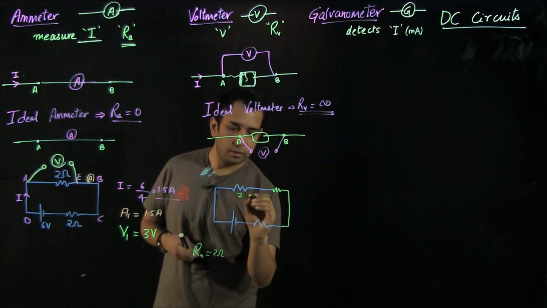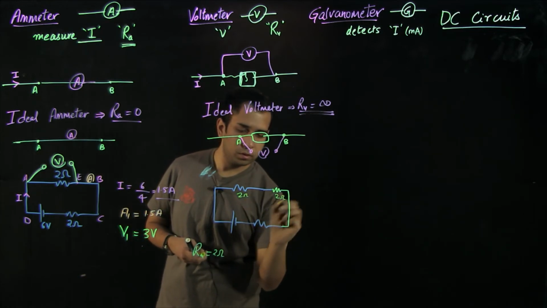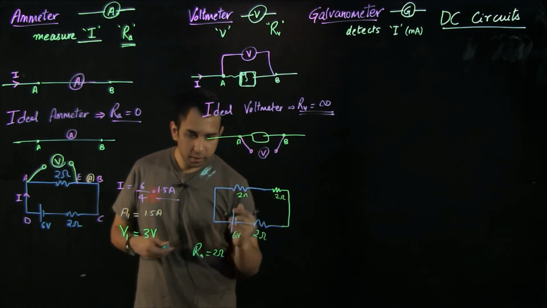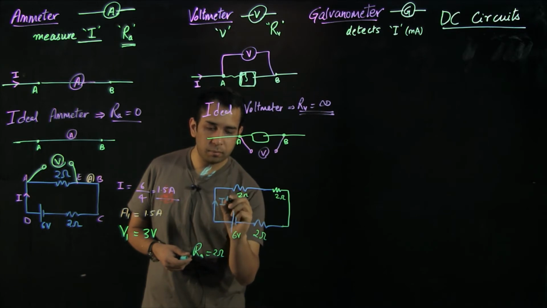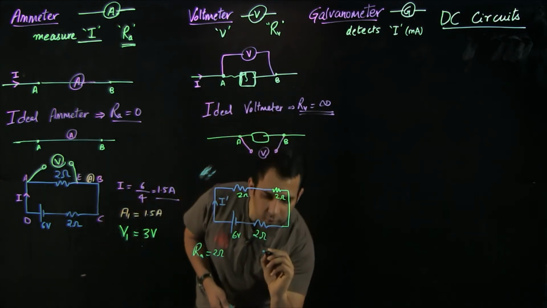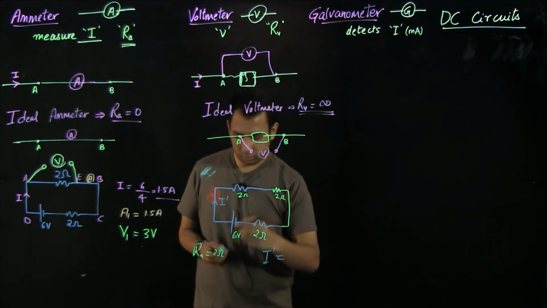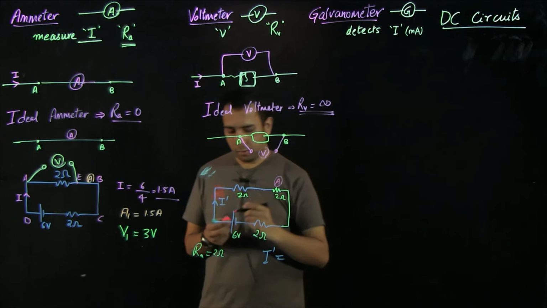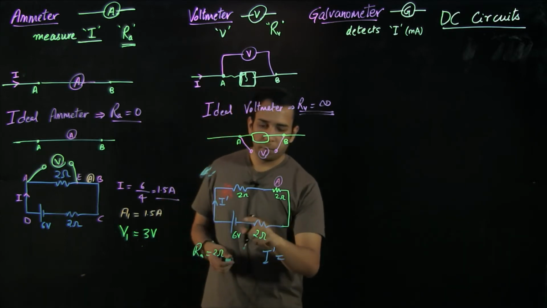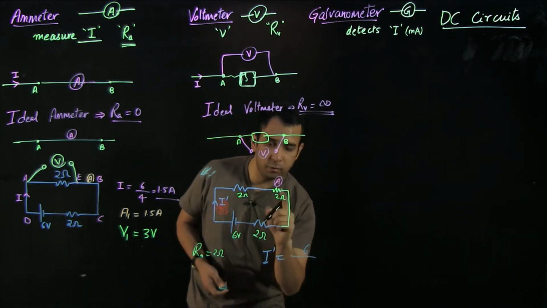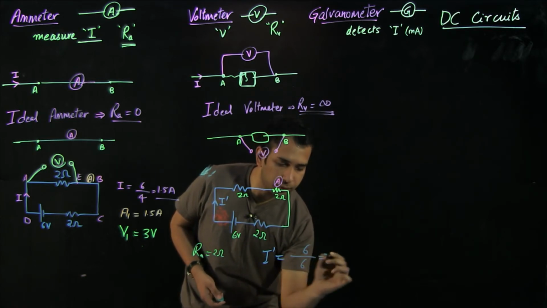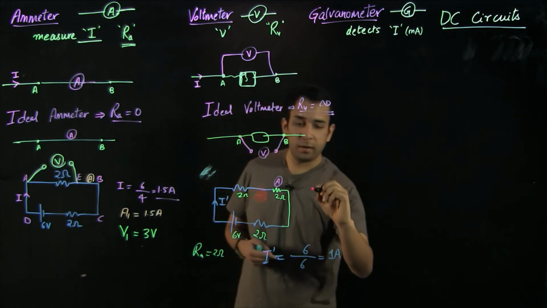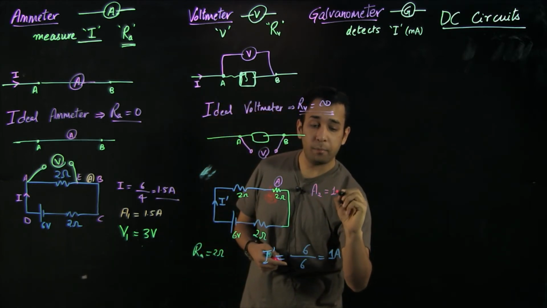So now I have, this is 2, this is 2, this is also 2, and this is 6 volts. Now I can calculate the new current which is flowing in the branches, which is I dash. Before that I should write A above it because it's an ammeter location. So I dash would be 6 volts upon 2 plus 2 plus 2, that's 6. So it's 1 ampere. So now the new reading of the ammeter, which is A2, is 1 ampere.